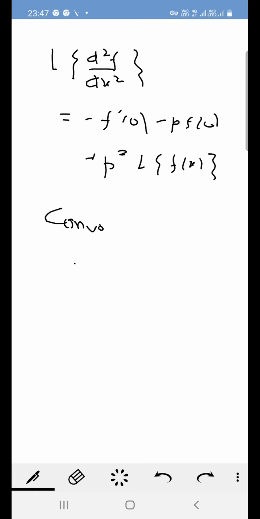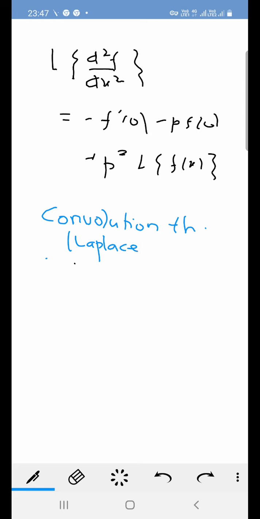Now we'll write the convolution theorem for the Laplace transform. First, we start with two Laplace transforms.